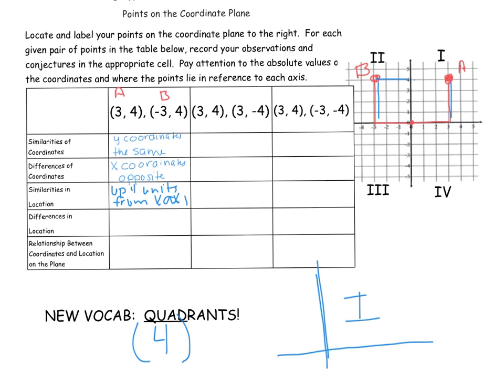Again, because that's hard to read, they're both up 4 units from the x-axis. What is different about them? The difference is that one is 3 units to the left of the y-axis, and the original one is 3 units to the right.